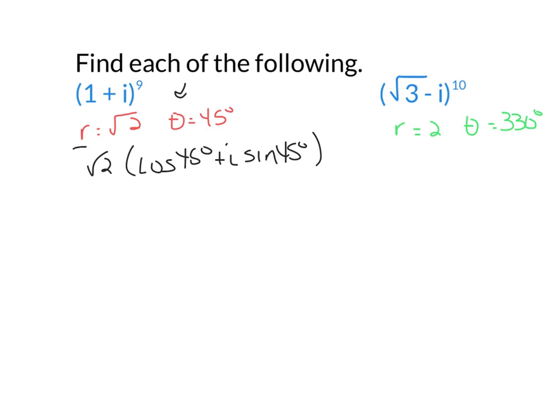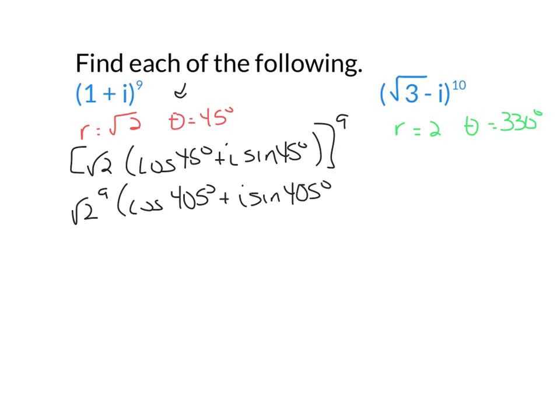You take the square root of 2 and raise it to the 9th power. You take the angle inside, the 45, and multiply it by 9. Everybody knows 9 times 45 is 405 degrees, plus i sine 405 degrees. All right, and that's how you set it up.